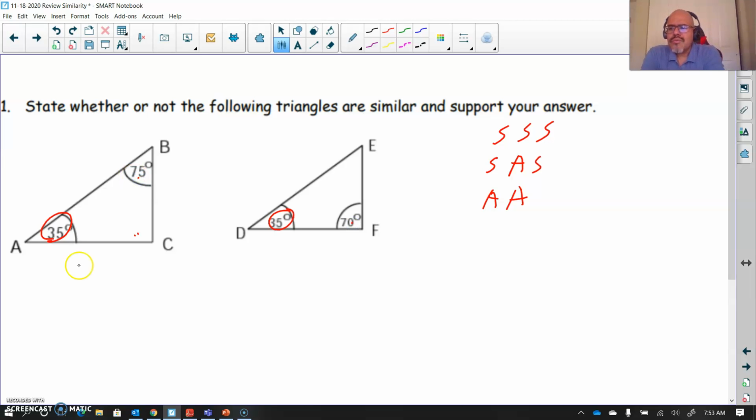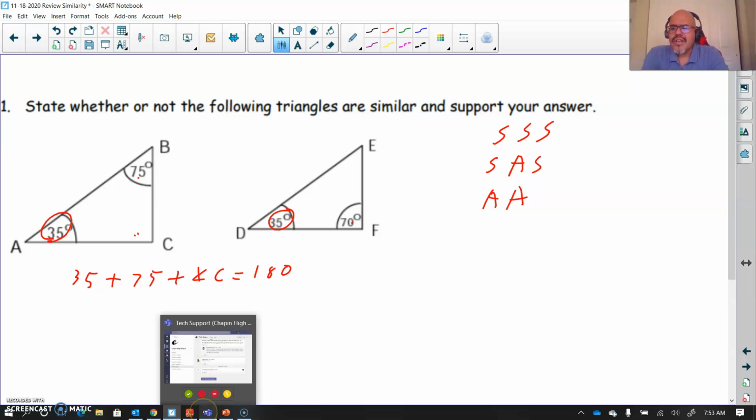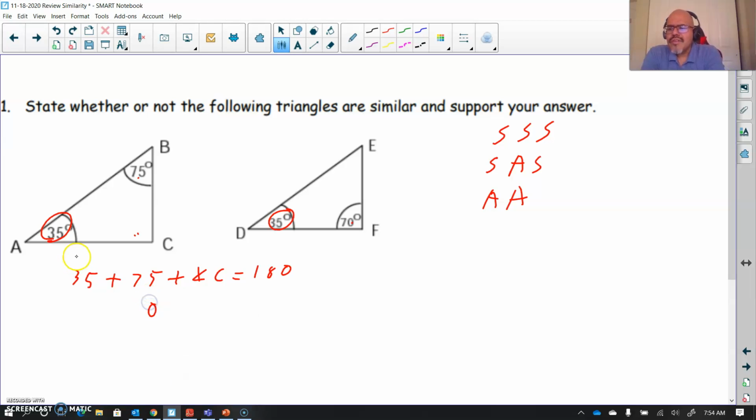So just remember, 35 plus 75 plus angle C is equal to 180. So we're going to add 35 and 75. That's going to be 110, plus whatever the measurement of angle C is.